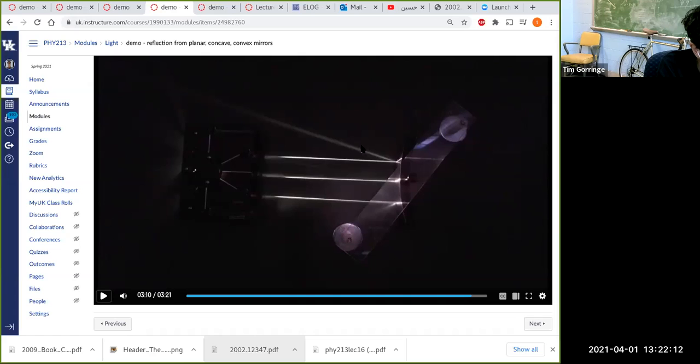And so you can see why the focal point would be behind the mirror rather than in front of the mirror. These rays don't converge to a focal point on the optical axis. Rather, these rays at the top and bottom that are reflected appear to come from a focal point that's somewhere back here behind the mirror. Okay.